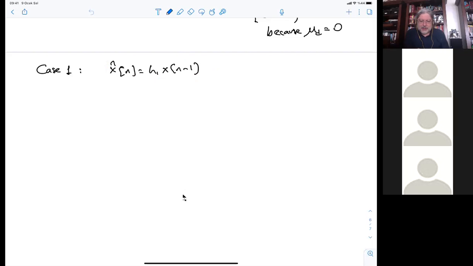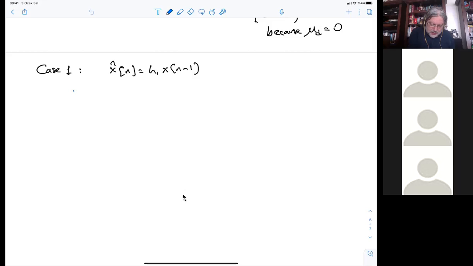So the prediction value is a scale h1 of n times one past value, x of n minus 1. We're not even using x of n minus 2 and all other things, all the past. We are using just one past. So what is the optimum h1, the scale, for this kind of linear prediction?